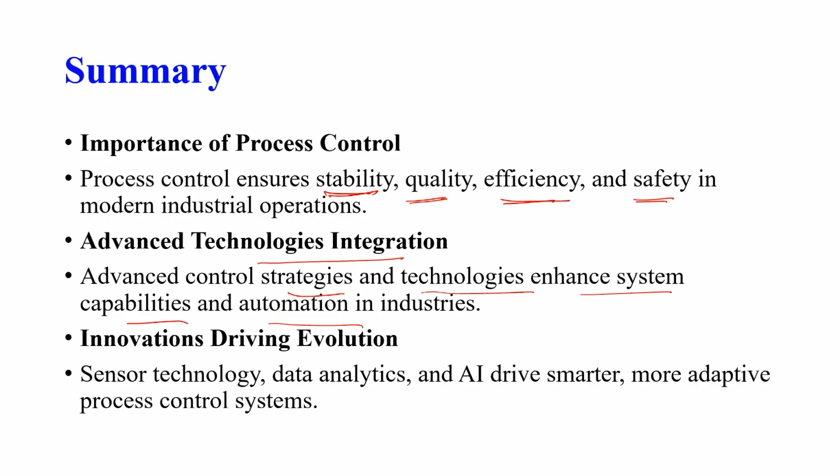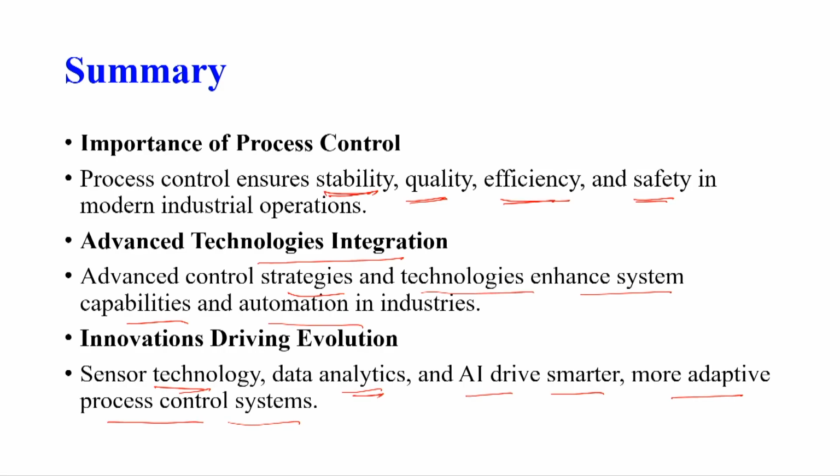Nowadays we have biosensor technology, and data analytics or artificial intelligence drive smarter, more adaptive process control systems. So, what we have seen and discussed here is that modern technology can always be integrated with process control systems.